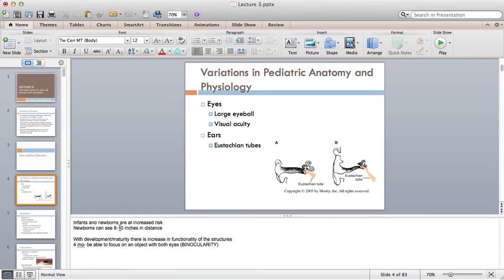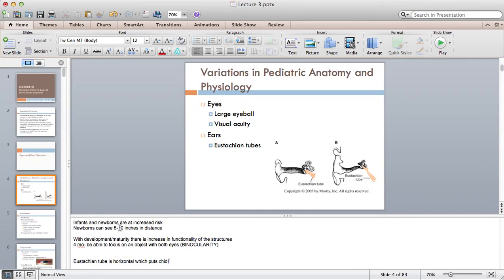In the ears, you look at the eustachian tube here, you look at the ear canal, it's like horizontal. And this puts the child at very high risk of infection, transferring from their mouth to their ears and to the respiratory system.